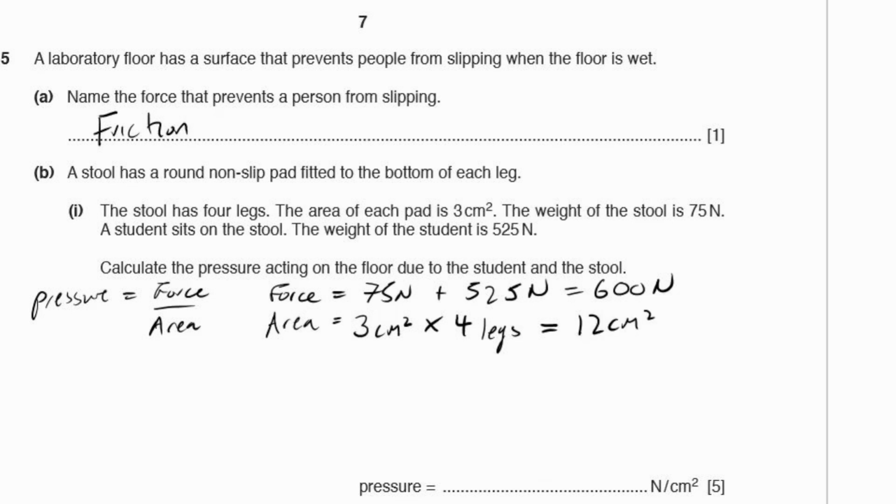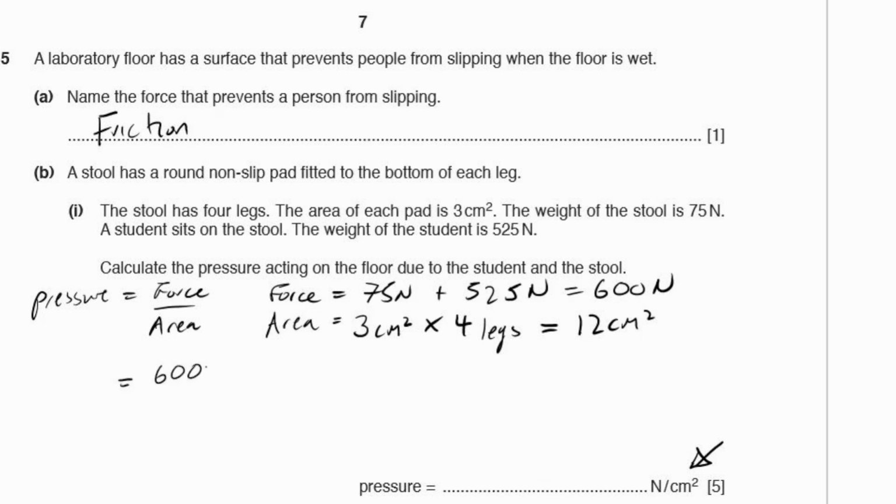Now normally when we do pressure we do it in pascals. It's force divided by the area, and the area is in meters squared, but look here, they're happy for it to be in centimeters squared. That's good. That makes our lives much easier. So let's use that. Pressure equals force over area.